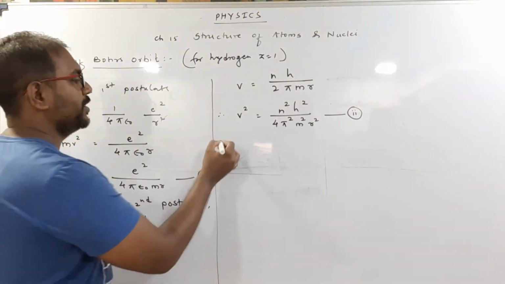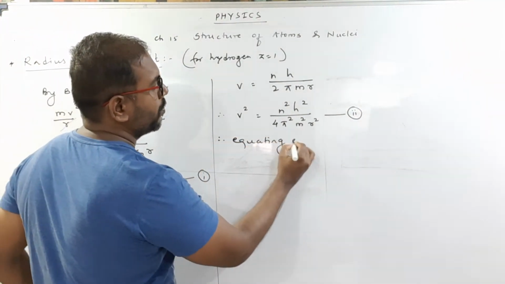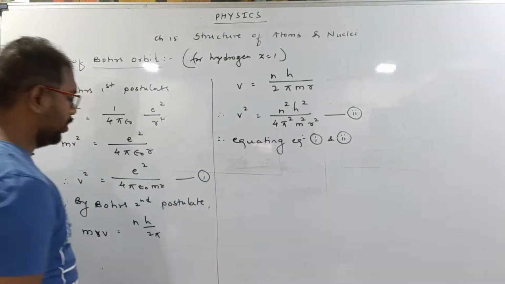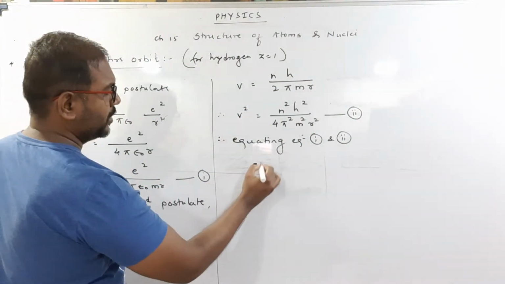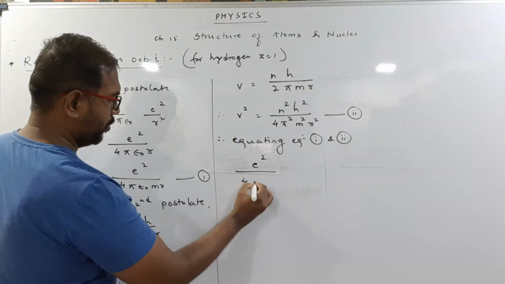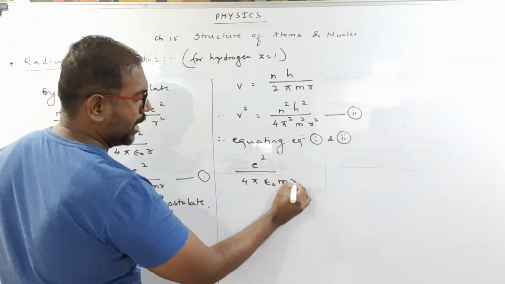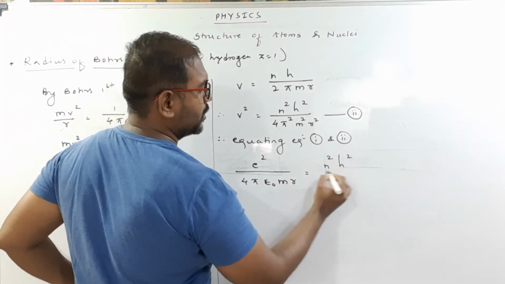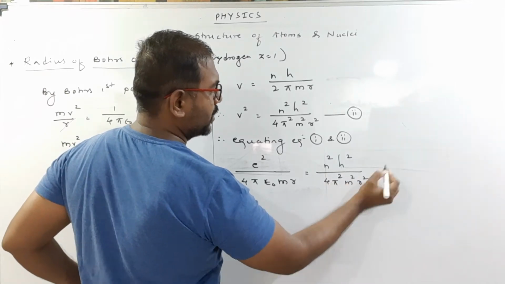Hence equating equation 1 and 2, after equating, what we get? e square divided by 4 pi epsilon 0 m r is equal to n square h square divided by 4 pi square m square r square.